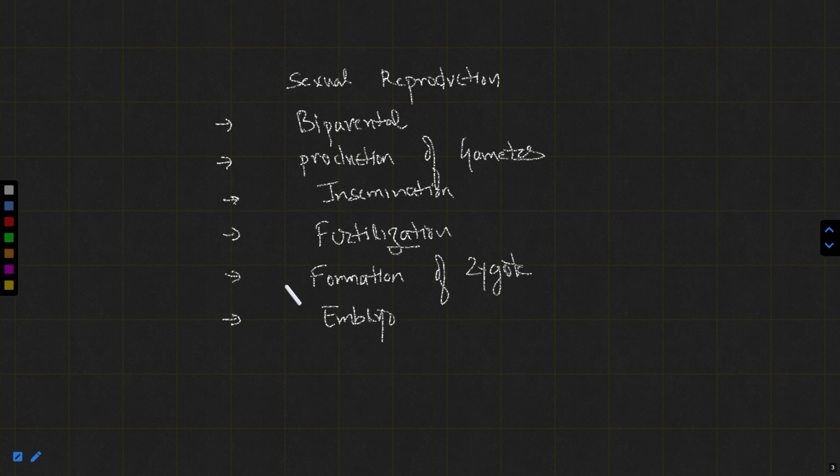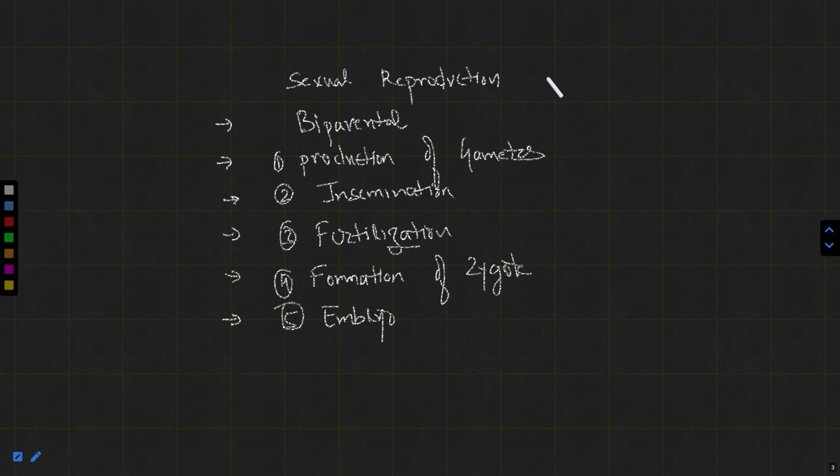Okay, and then embryo give rise to the new individual. Clear? So these are the steps that are involved in the sexual reproduction. Starting from here, production of the gamete, insemination, then fertilization, then formation of zygote, and then embryo is formed in the end, and embryo will give rise to new individual.